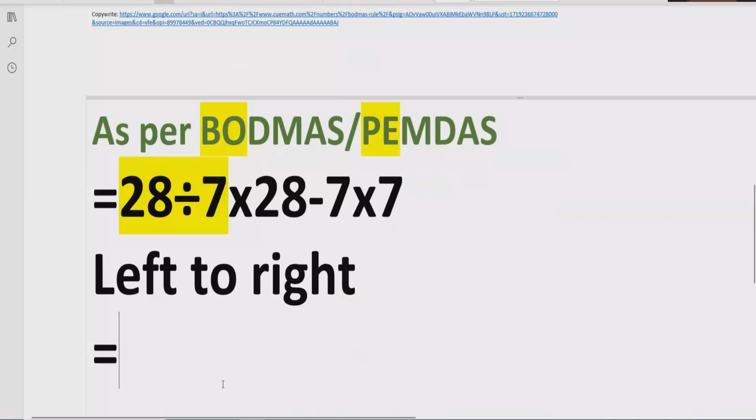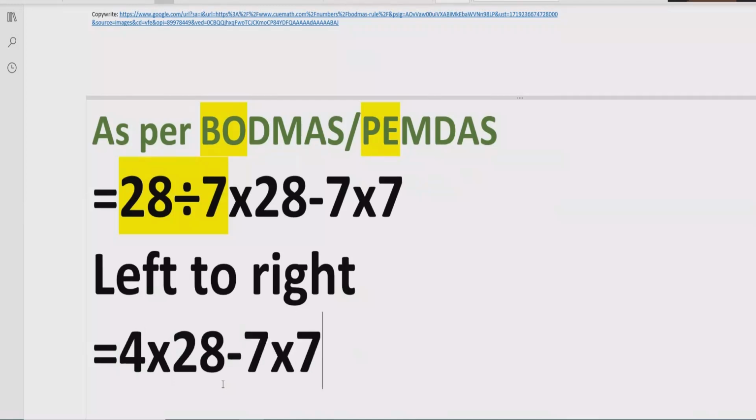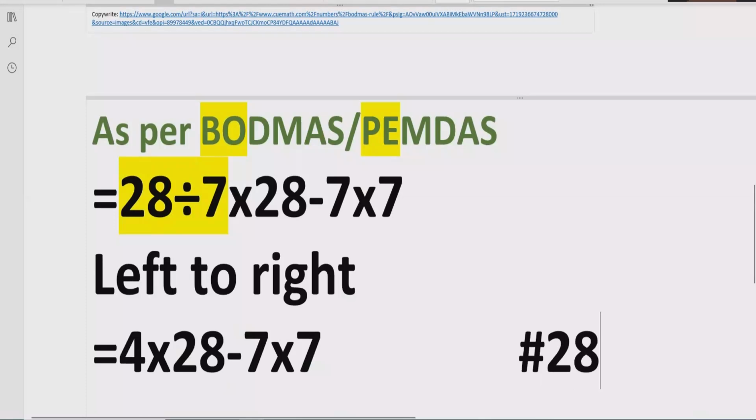We get the answer 7 1s are 7, 7 2s are 14, 7 3s are 21, and 7 4s are 28. So now we have 4 multiplied by 28, minus 7 multiplied by 7. I am giving the reference here so that you can understand which step we did in this line. So here we have 4.